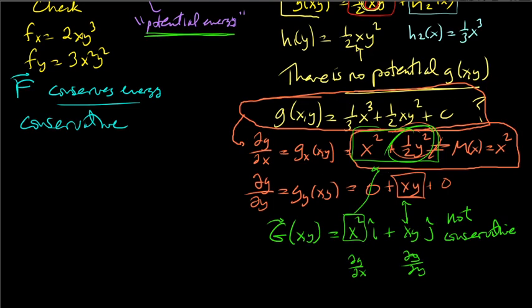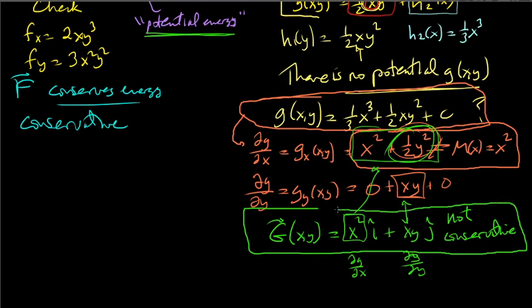And look, if you've taken physics, even physics 1, probably one of the first things they tell you in the first couple of weeks of class is that energy is conserved. Energy is constant. It doesn't change. And so if you're wondering how that coincides with this vector field, if it doesn't conserve energy, then it's not realistic.